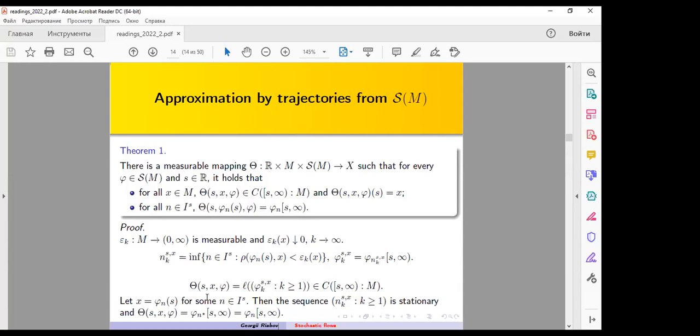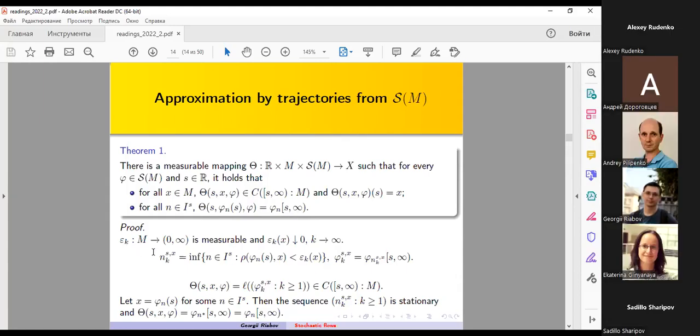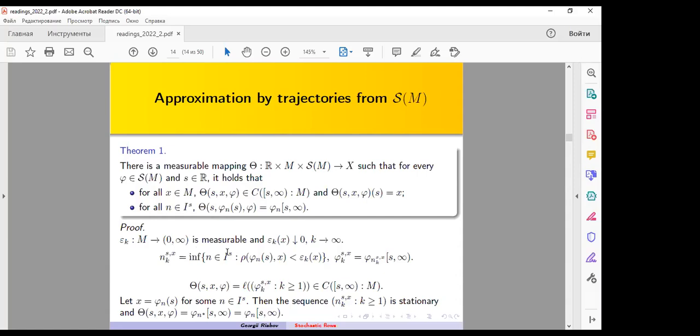It can be constructed as follows. Let us pick any sequence of measurable positive functions that at any point decrease to 0, and organize approximation as we did in the construction of the stochastic flow. So N(s,x,k) is the number of the first trajectory that at time s was close to x, within order epsilon k of x.